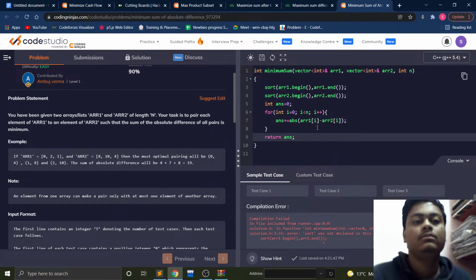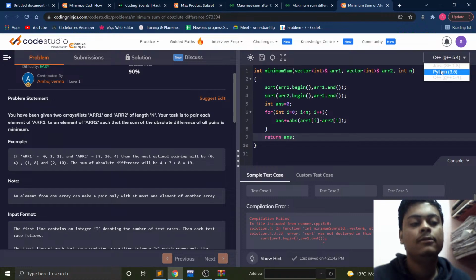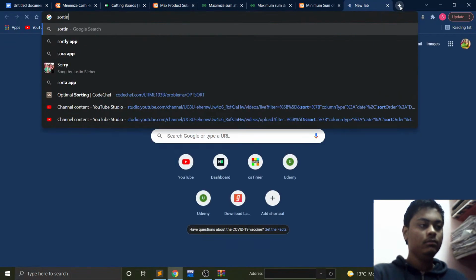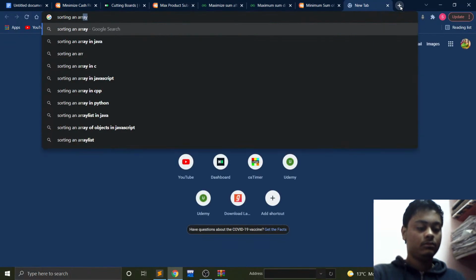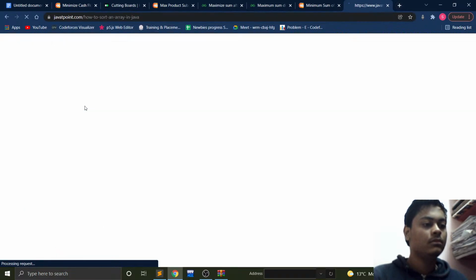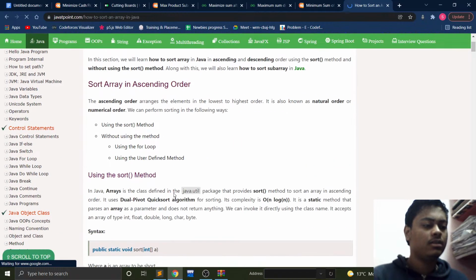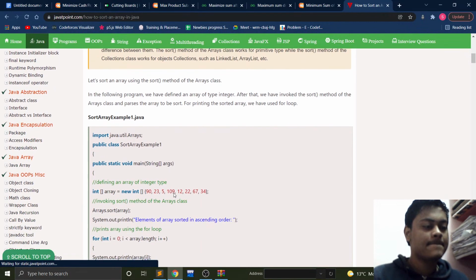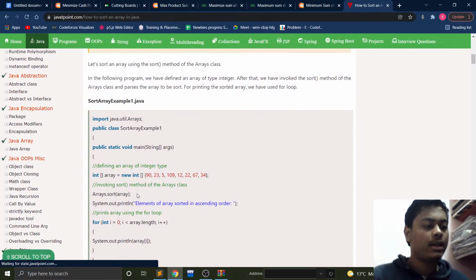Nice. Arrays dot sort might be there in Java, right? Arrays dot sort array.